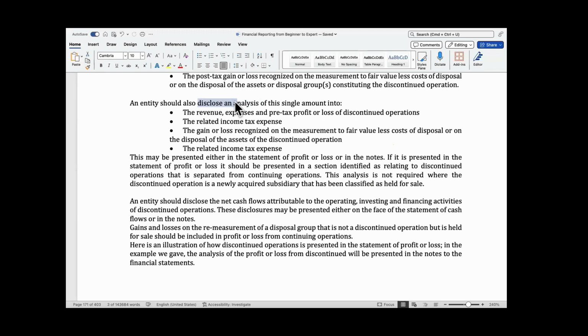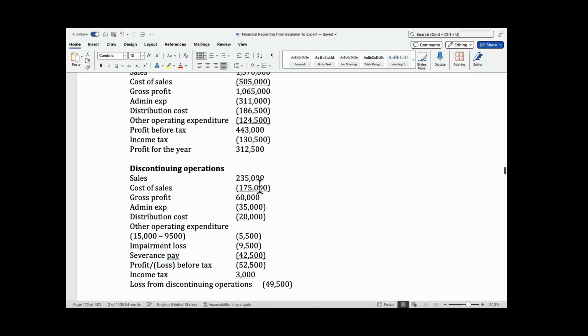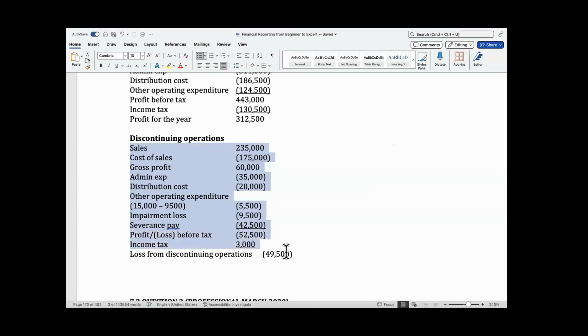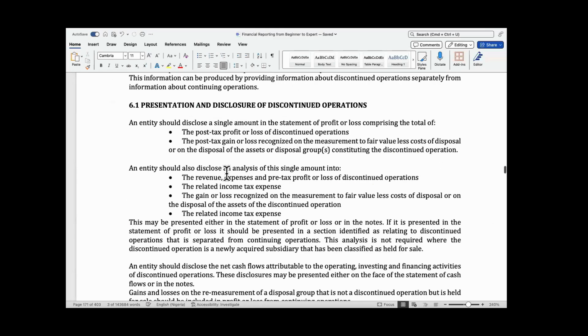You need to disclose the revenue, expenses, and pre-tax profits. I told you that it's either you do it like this, the way I've done it here, on the face of the P&L, or you just put this one line in your P&L while you present this breakdown in the notes. So that's what this disclosure is talking about.